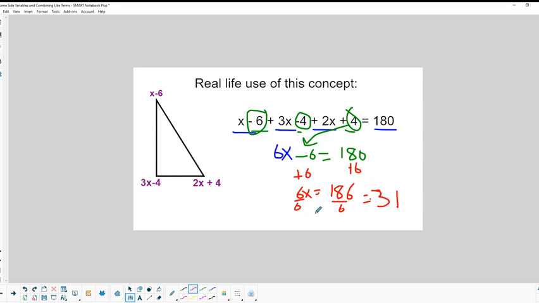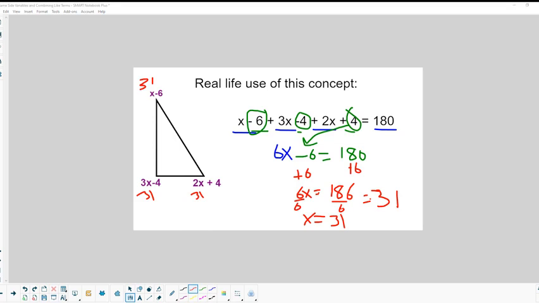So x equals 31 degrees. So to find our other three angles, the three that we're looking for, we have to plug in 31 in for each x and then do the math. And it's not that hard, so if we grab a calculator, we can do it that way.